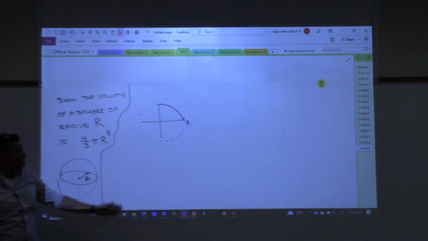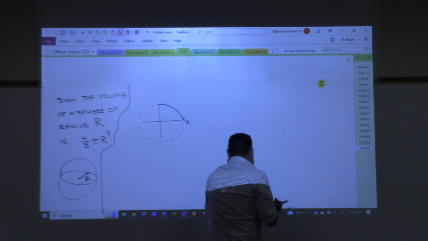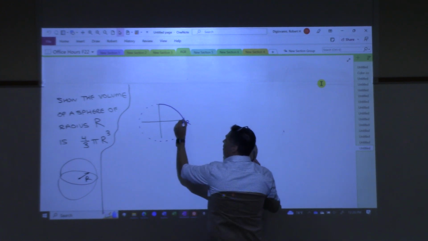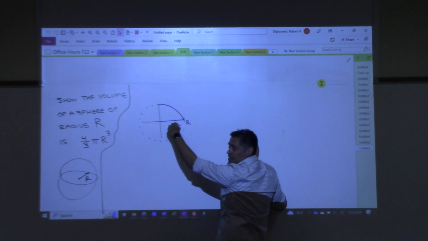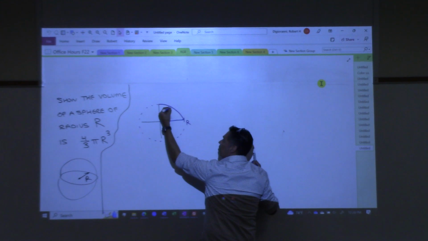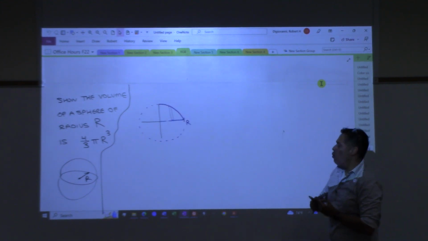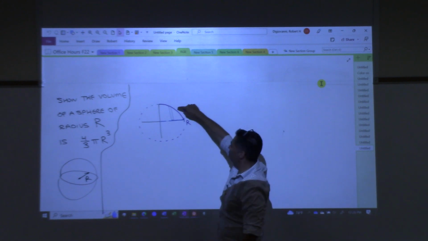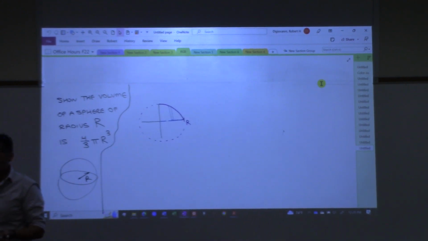Now, to do that, I need to actually know what the equation is. And I should probably stress also, we have a top and bottom function. The bottom function is actually just the x-axis itself. So my rectangles are going to be in here like this, and I'm going to wrap. But we need to know, what is that top function? Well, the problem is a circle is not a true function. A circle fails the vertical line test.